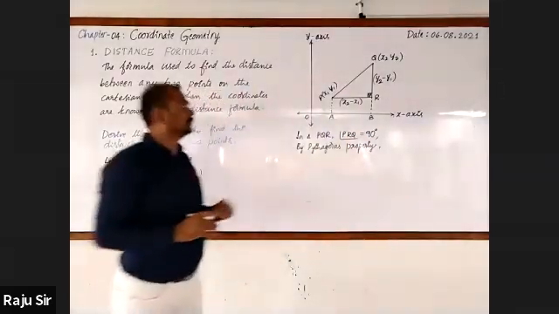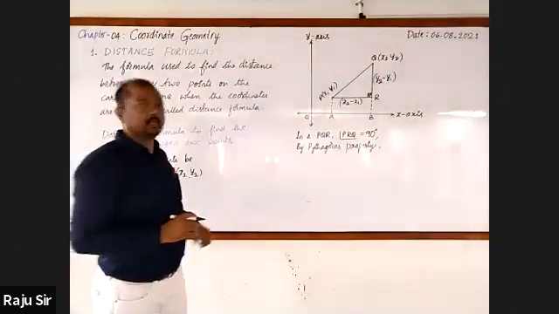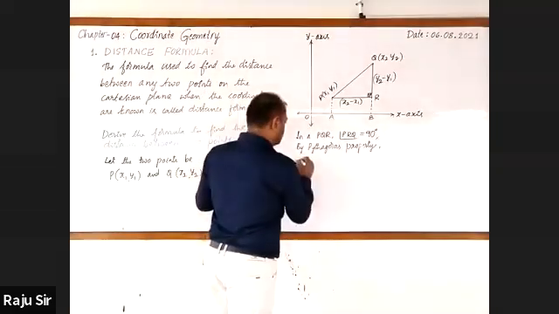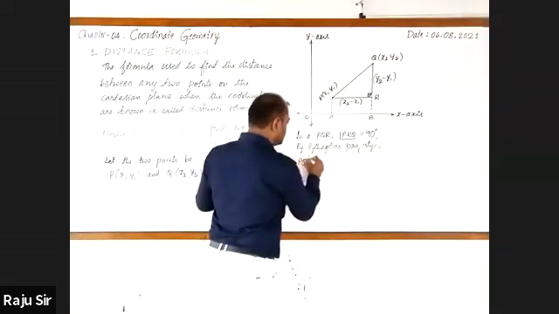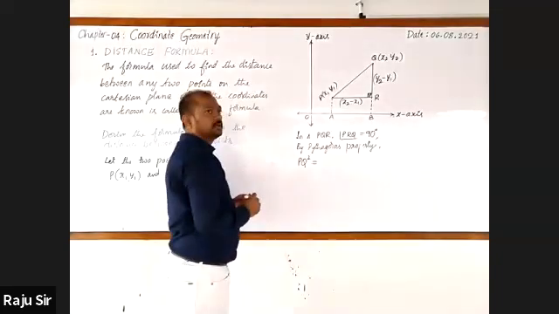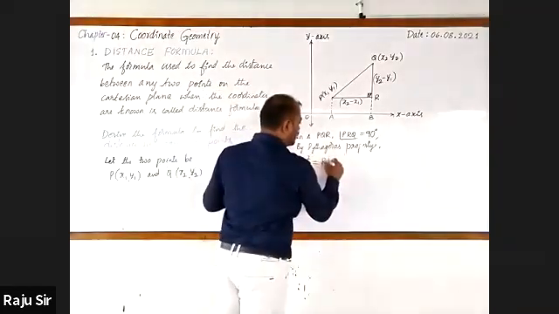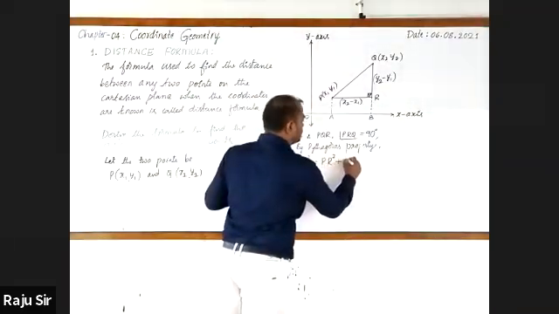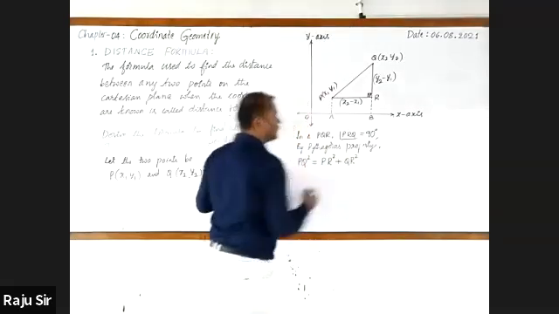By Pythagoras property, you can write PQ square is equal to PR square plus QR square.